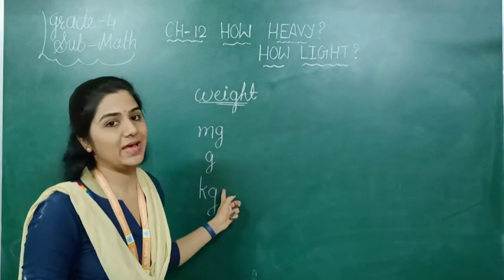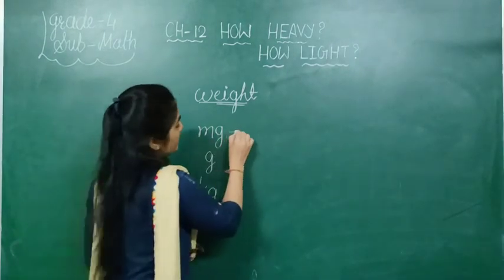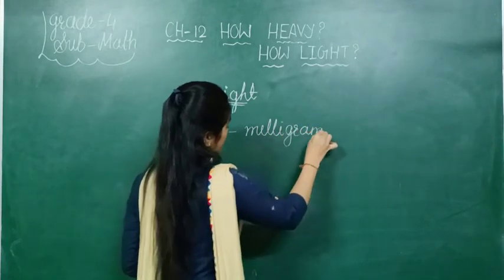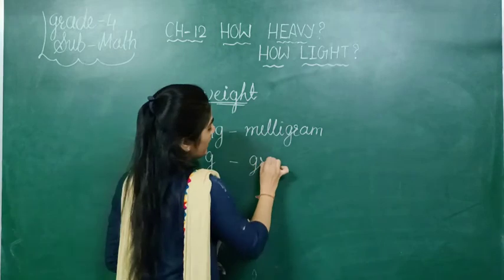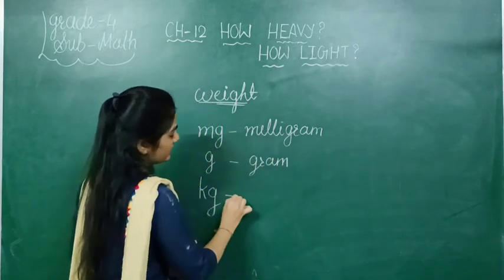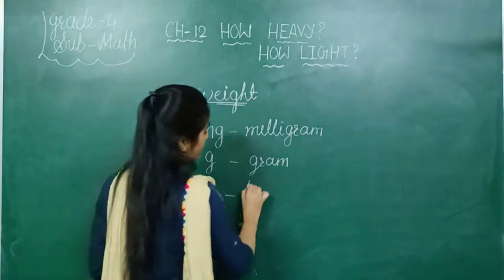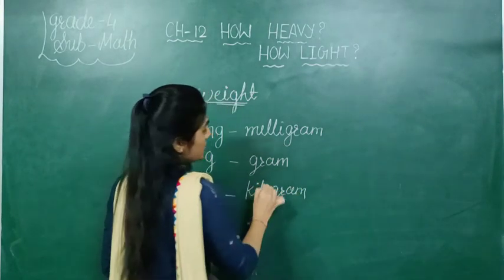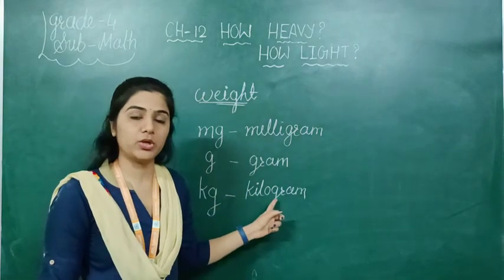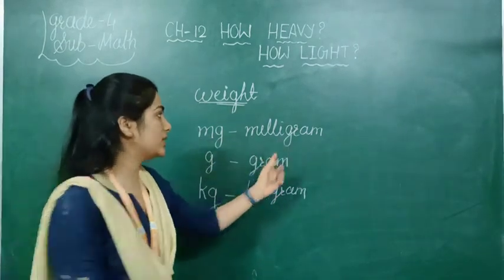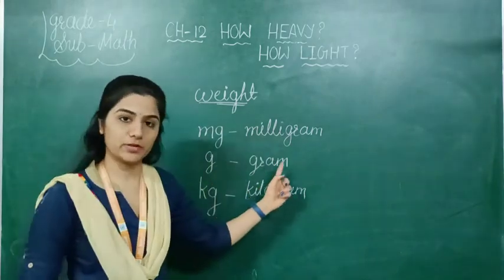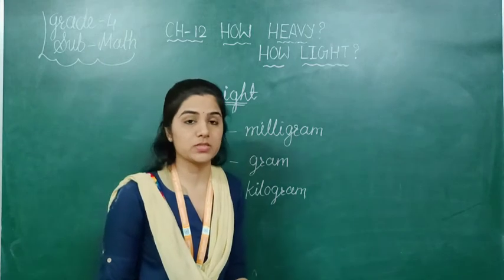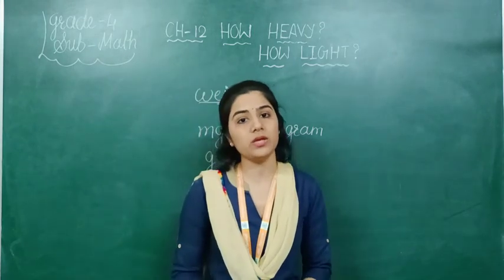These three units I have written: mg stands for milligram, g stands for gram, and kg stands for kilogram. These three units we use to measure weight.